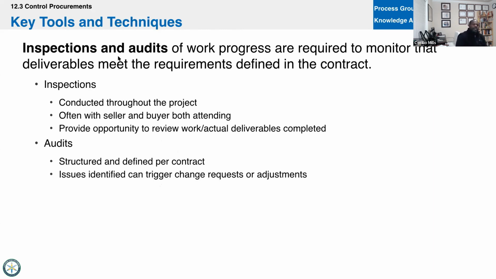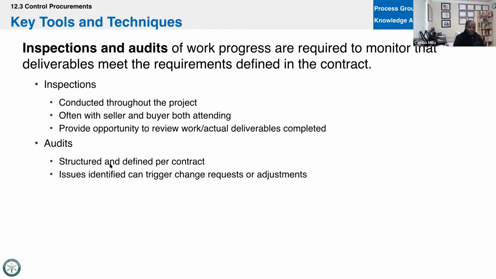All right, so the same way the sponsor inspects and audits our work when they validate scope, when we're controlling the procurement, we're technically doing that for the vendors, right? We're validating the vendor scope for them. So we'll inspect and take a look around, look at the deliverables, and accept them as complete.